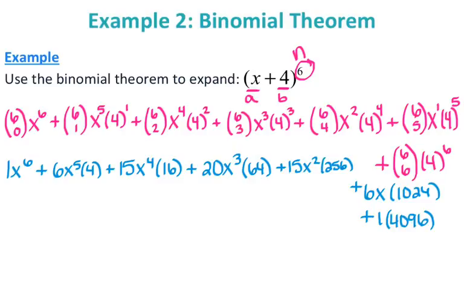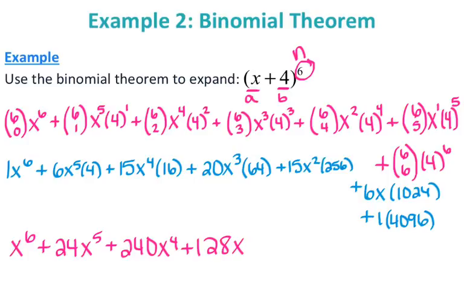And last but not least, I just need to simplify all of those terms. So my final answer is x to the 6th plus 24 x to the 5th plus 240 x to the 4th plus 20 times 64, oops, 20 times 64 is 1280 x cubed plus 15 times 256 is 3,840.